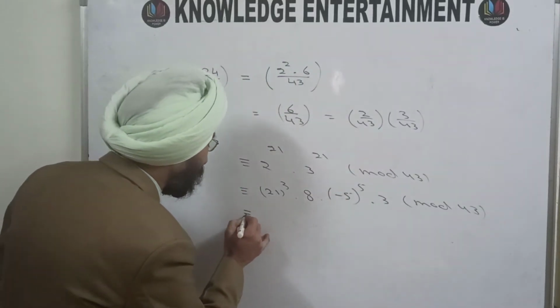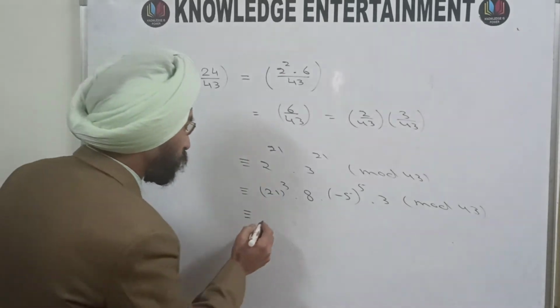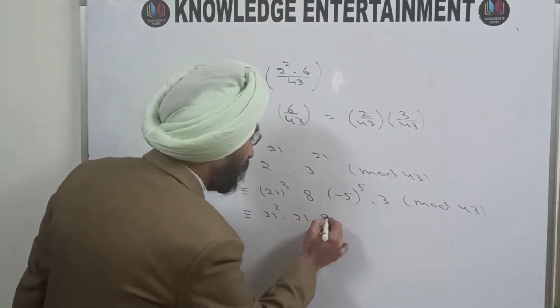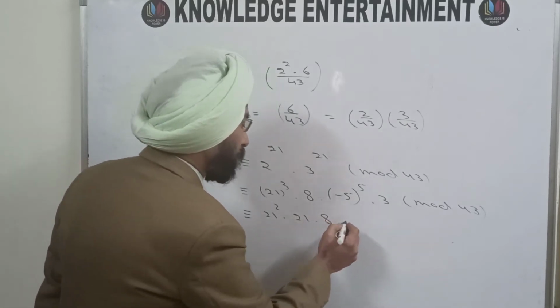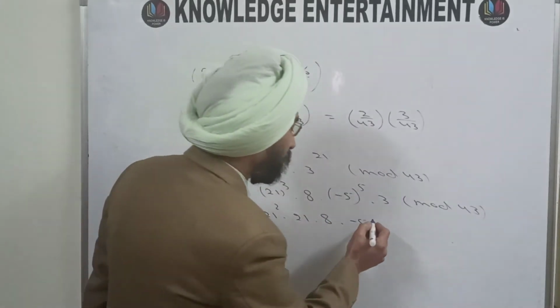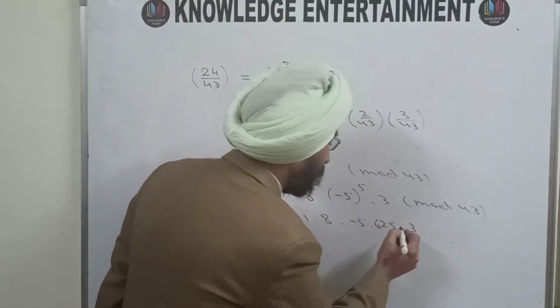Now once again it can be simplified. 21 squared into 21 into 8 into minus 5 to the power 5 into 3.